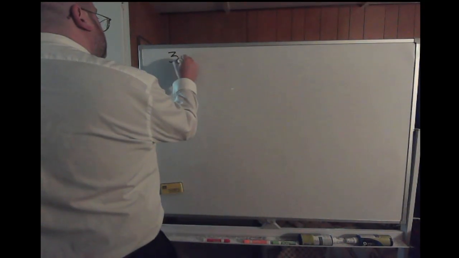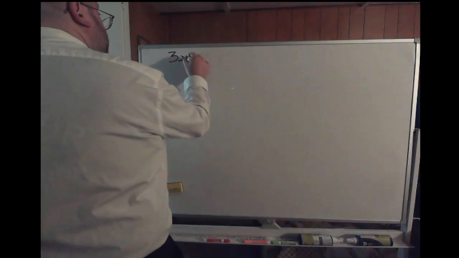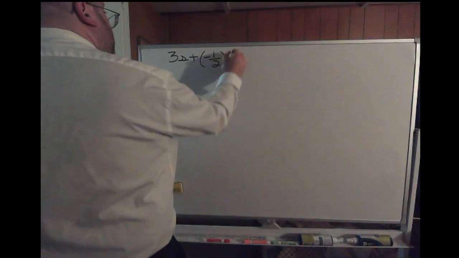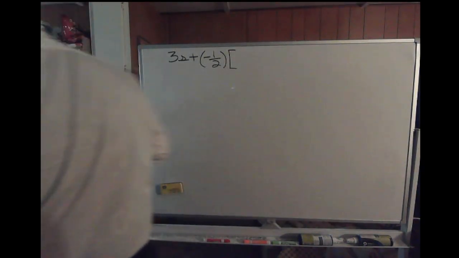Alright, so let's see. We got 3s plus negative 1/2. Now we got some brackets here. They're even bringing out brackets.